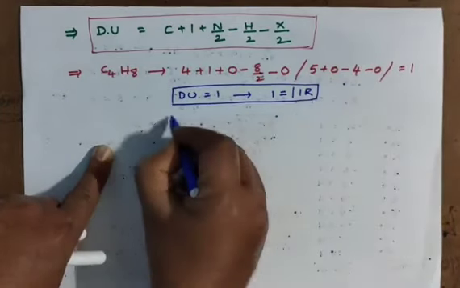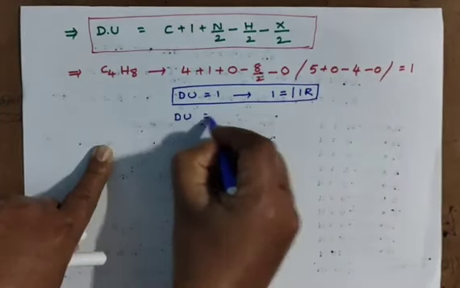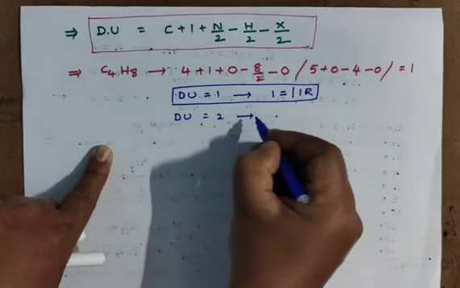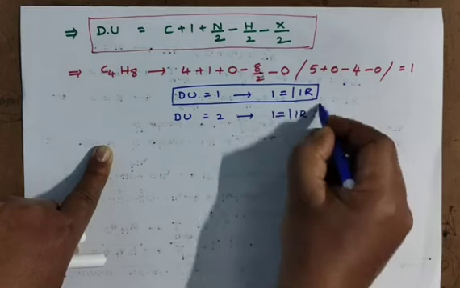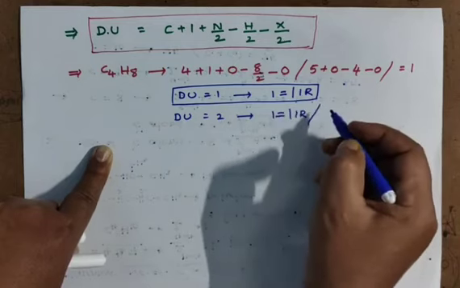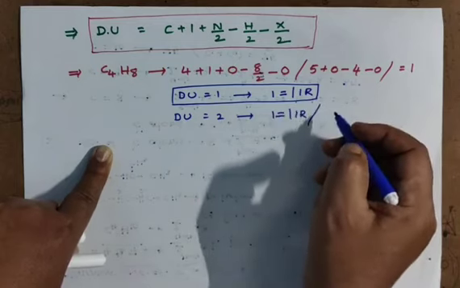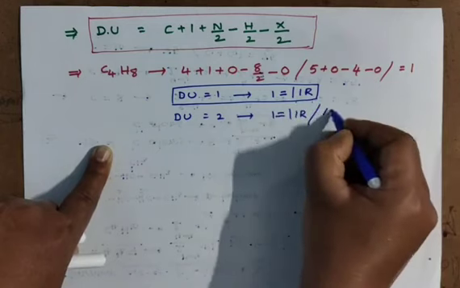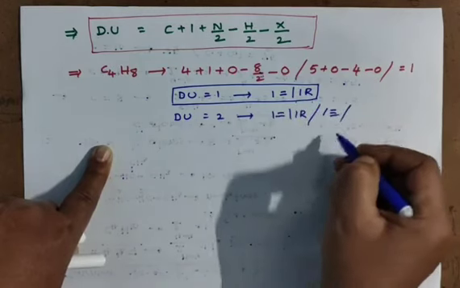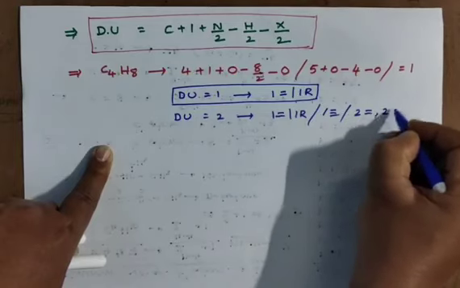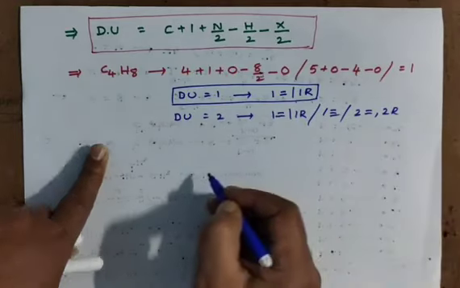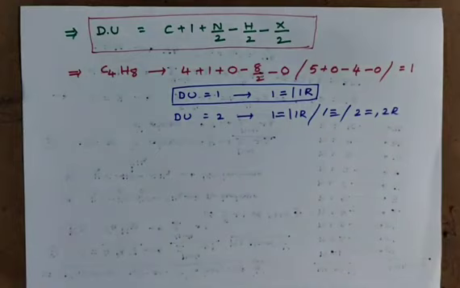If DU is 2, then we have the chance of one double bond and one ring. There is a chance. Or one triple bond. Or two double bonds, or two rings are possible. This you have to remember.